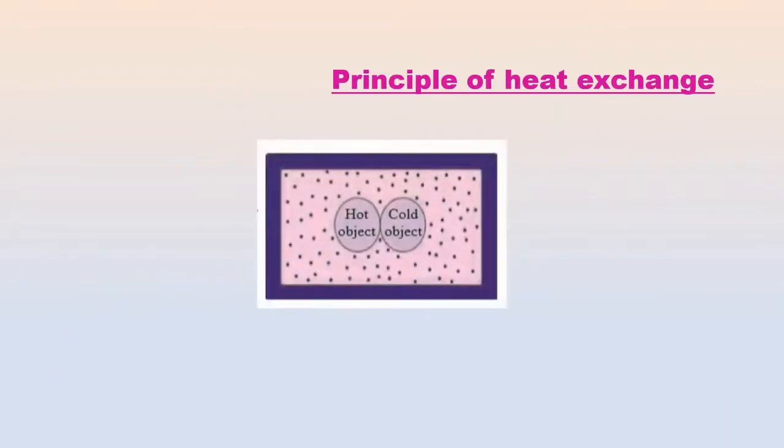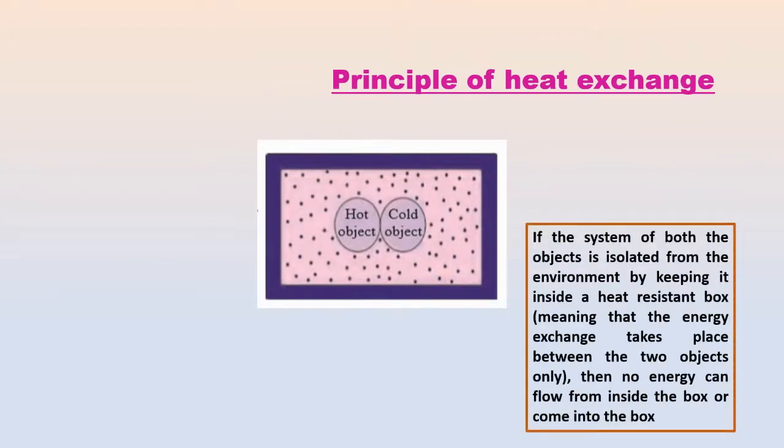Principle of heat exchange. If the system of both the objects is isolated from the environment, we have isolated the hot object and cold object from the environment. But how? By keeping them in a heat resistant box.